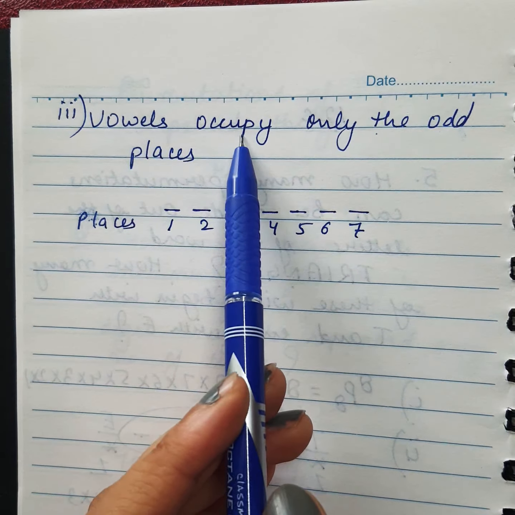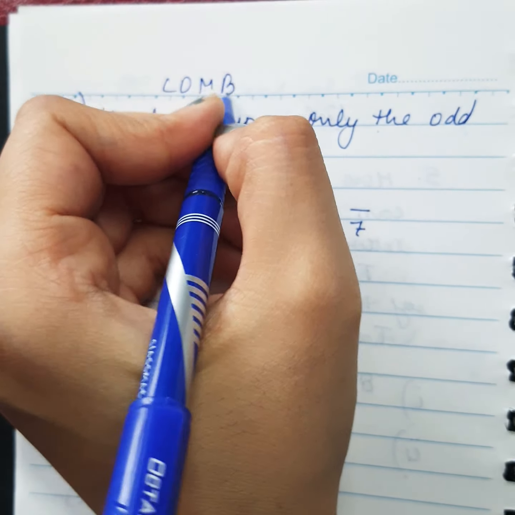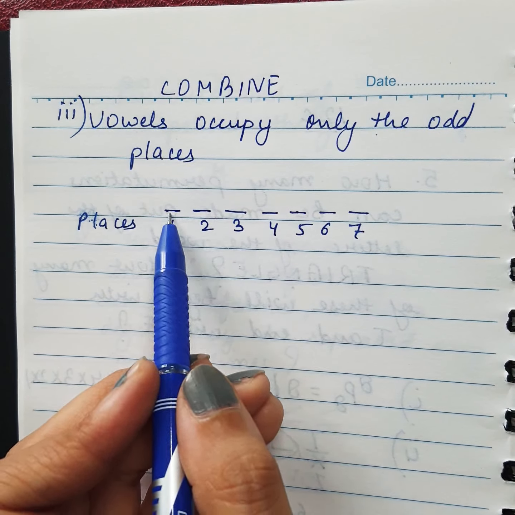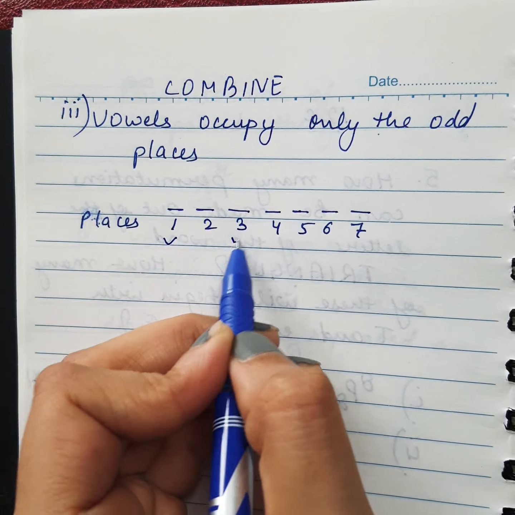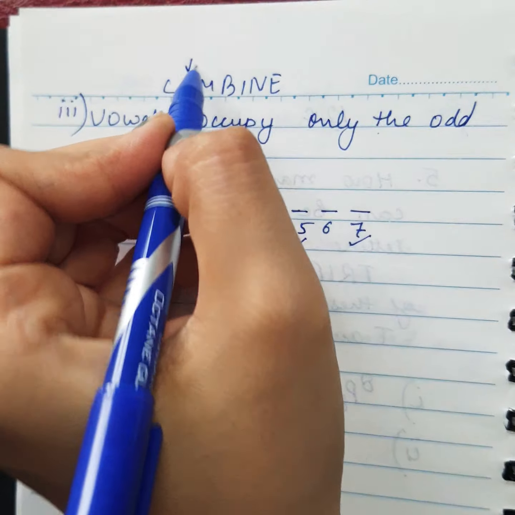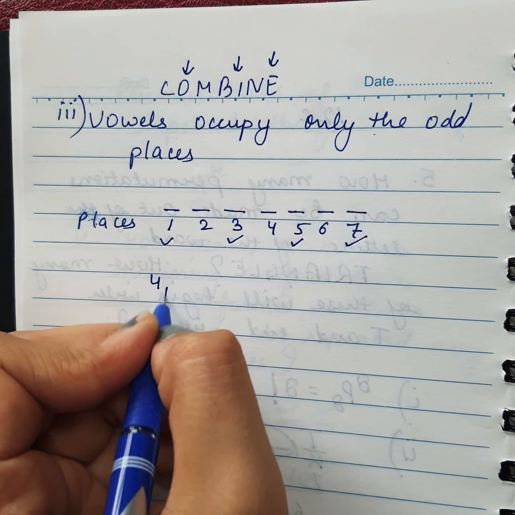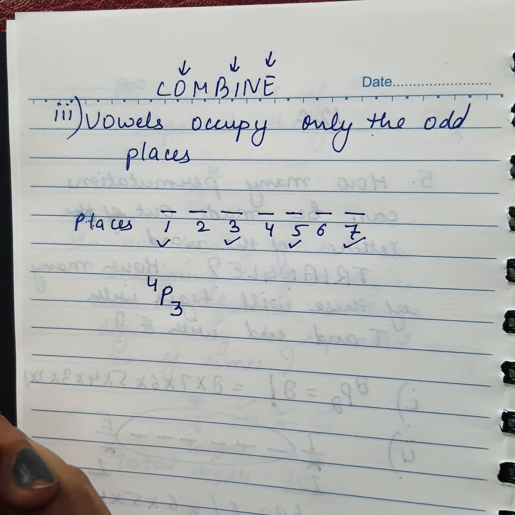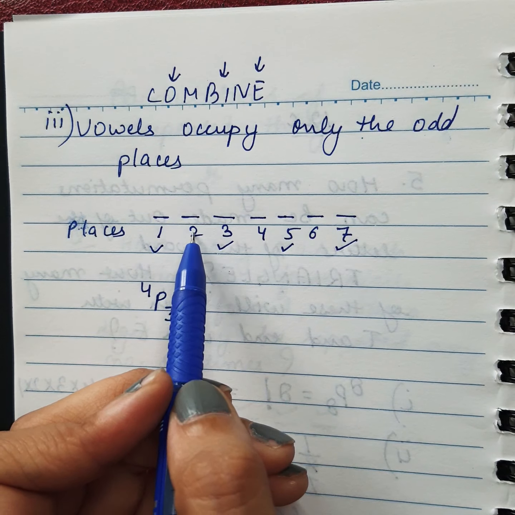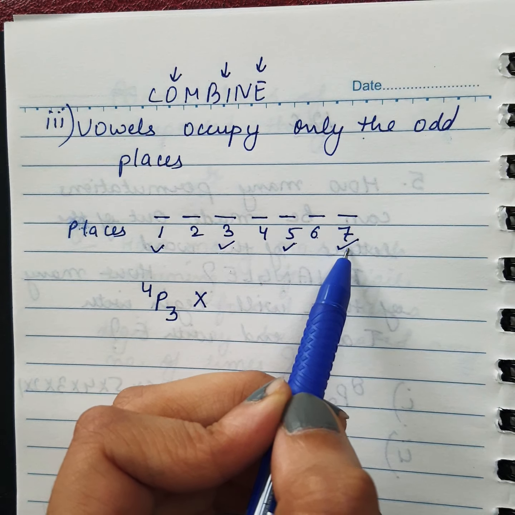Third, vowels occupy only the odd places. The word is the same, COMBINE. Vowels occupy only the odd places. So out of the 7 places, these are the odd places. Total 4 odd places and 3 vowels. So 4 places will be filled by 3 vowels. Then the remaining places 1, 2, 3, and since we have only 3 vowels, the 4th odd place will remain empty.